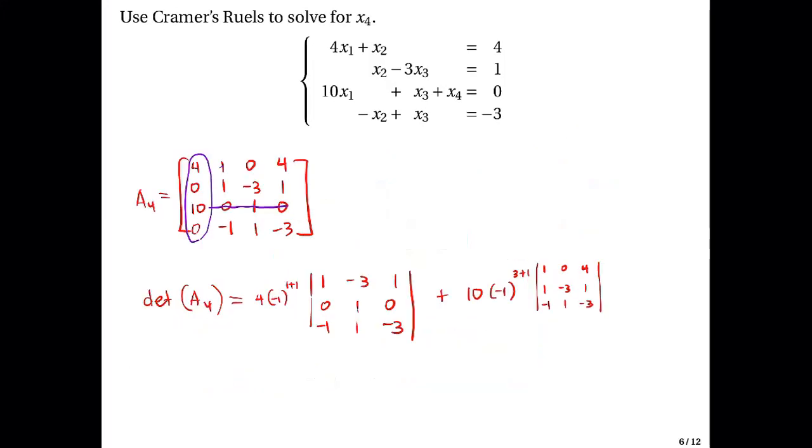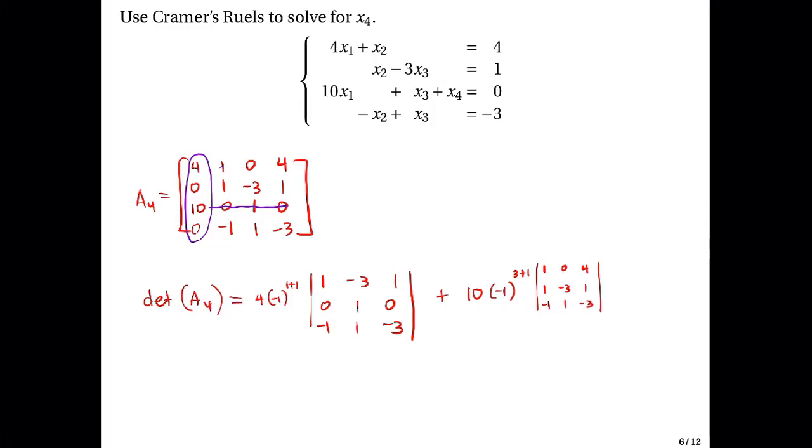So again, we want to find the determinant of A sub 4, and we are expanding along the first column. Okay? At this first column, so cofactor expansion, we get this entry. That's your 4. This is the 1, 1 entry.